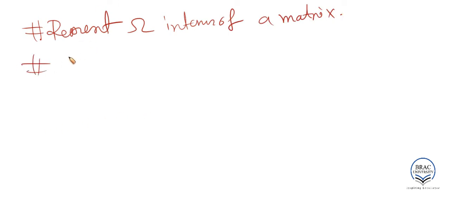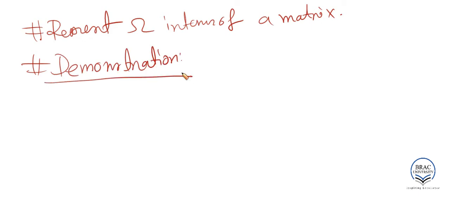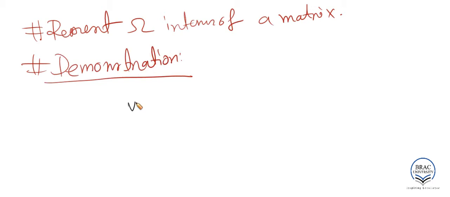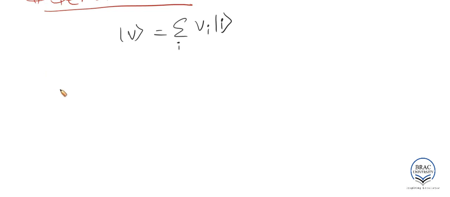So let's call this demonstration. Let's say I have a vector v written in terms of the orthonormal basis vectors, v_i and e_i, like this, right? And now what do I want to do? I want to apply omega onto v, and I'm calling this v prime, let's say.